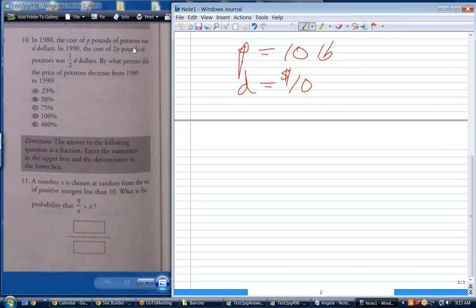That's going to be 20. So this is 1980, and in 1990 we now have 20 pounds of potatoes. Cost how much? They cost half of what they were, so $5. So what's the percentage decrease?